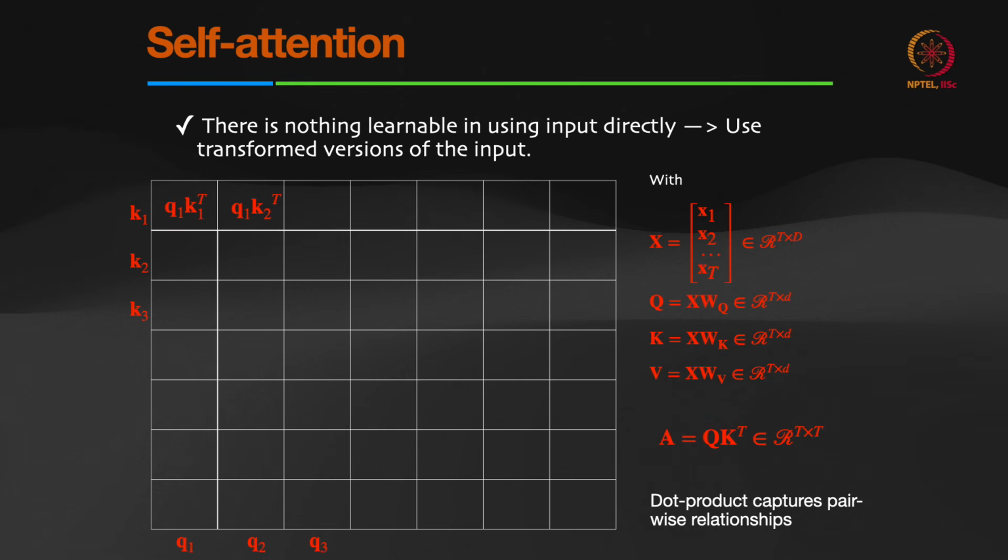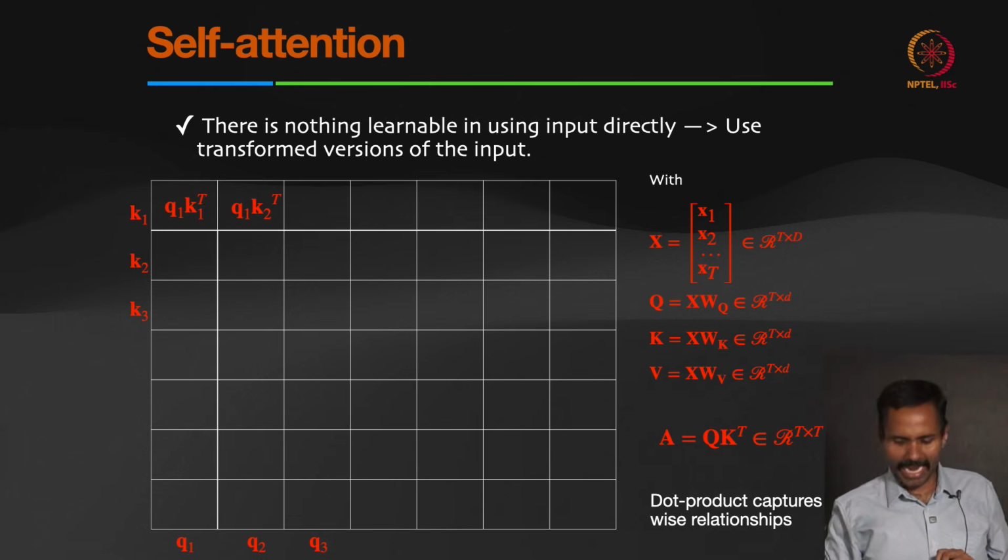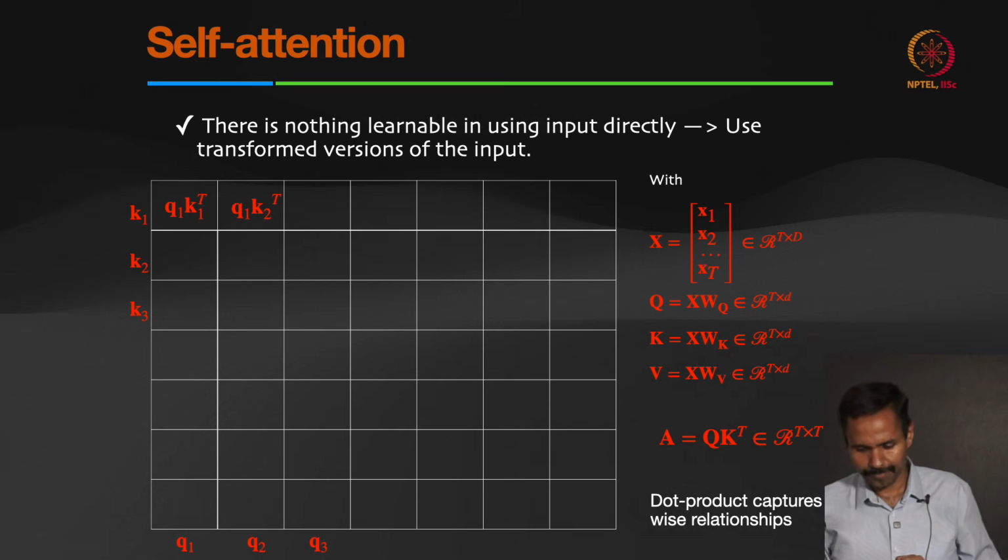Again, these terms come from text mining and data mining fields. But if you see from our previous slide and discussion, what this would mean is that I have 3 versions of the data, 3 transformed representations, each with some learnable set of matrices W_Q, W_K and W_V.